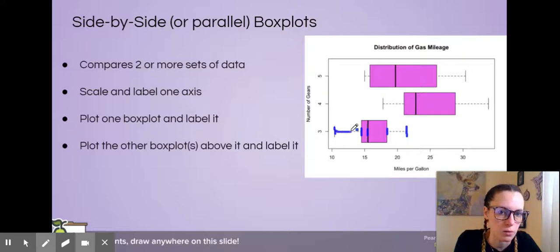So between your minimum and your lower quartile, that's 25% of your data. Between your lower quartile and your median, that's another 25%. Your median to your upper quartile is 25, and then your upper quartile to that maximum value is another 25.